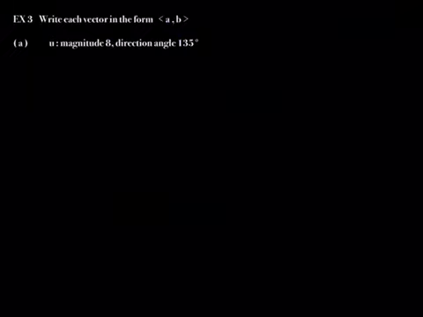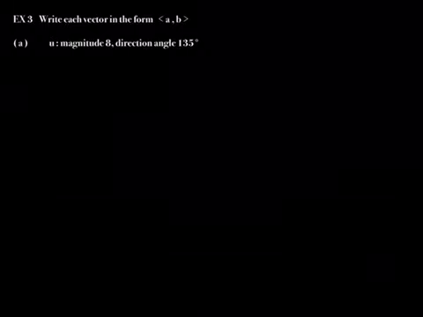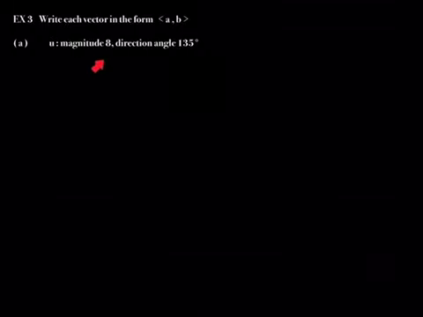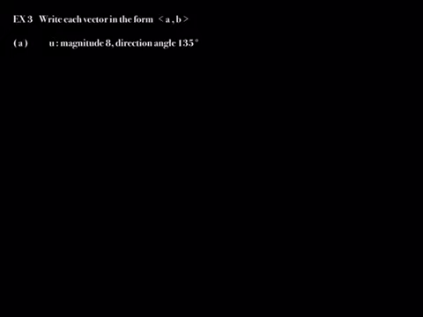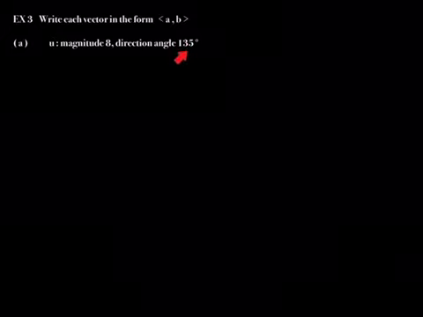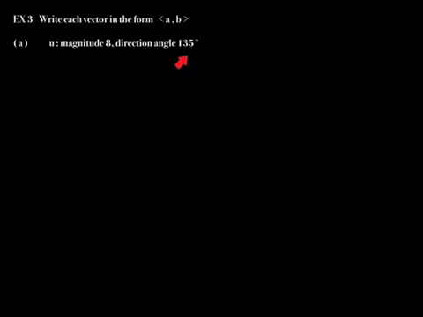All right, check out the next one. Write each vector in the form a comma b, special vector notation there. This first vector, they've given you the magnitude of 8 and direction angle 135 degrees. 135 degrees is in quadrant 2. That tells me that the horizontal component is going to be negative and the vertical component will be positive.